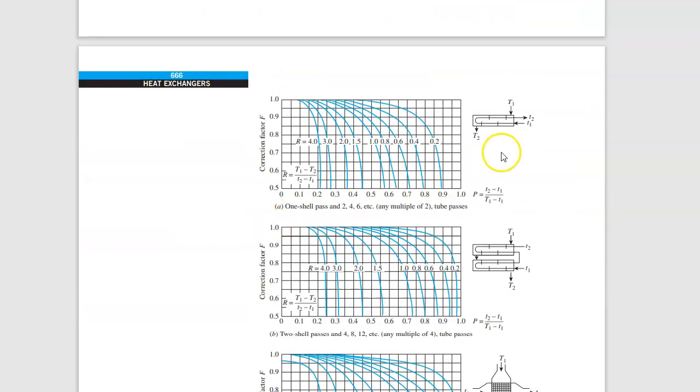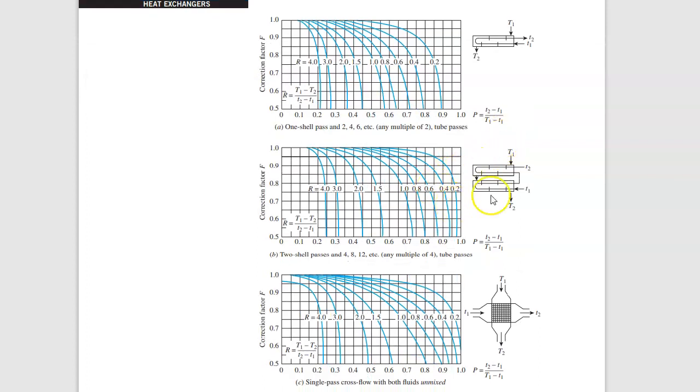Here is an example. Here we have one shell pass, with T1 and T2 and t1 and t2. Big T means the fluid that is going in the outer shell, the shell side. Small t, t1 and t2, is for the inner tubes.